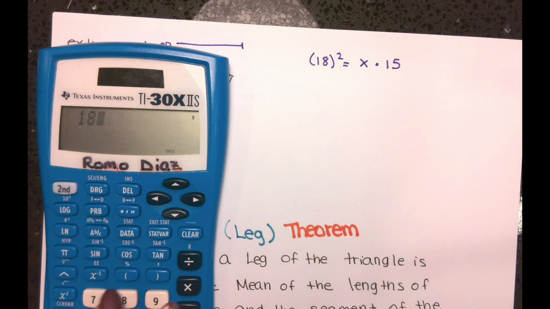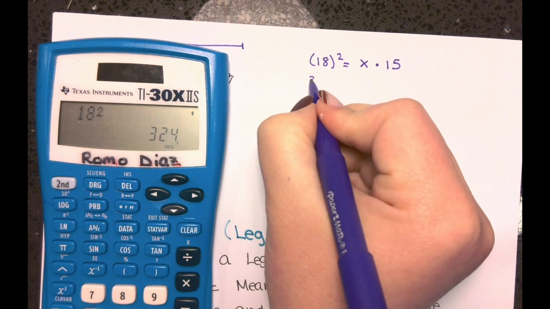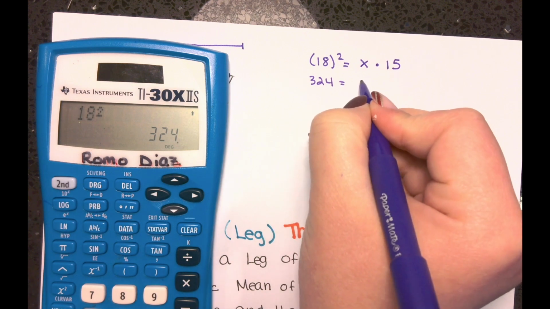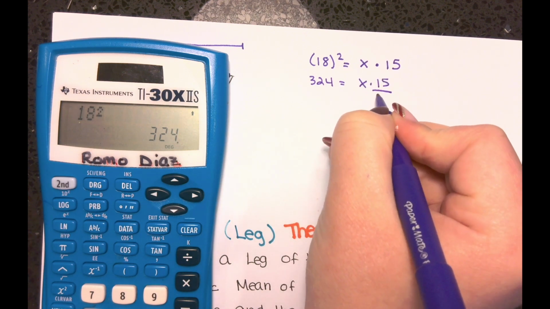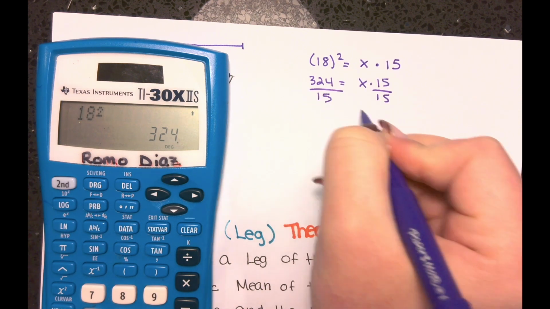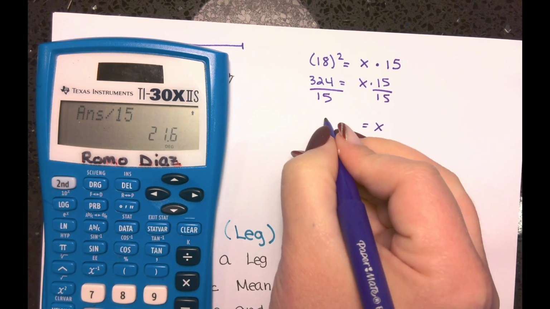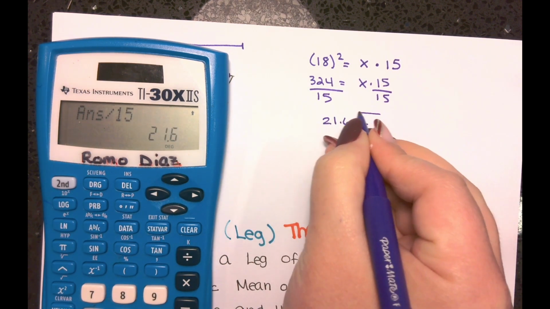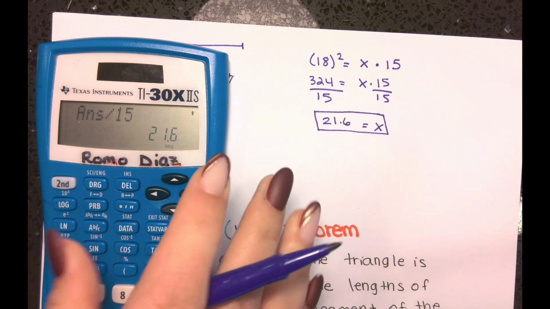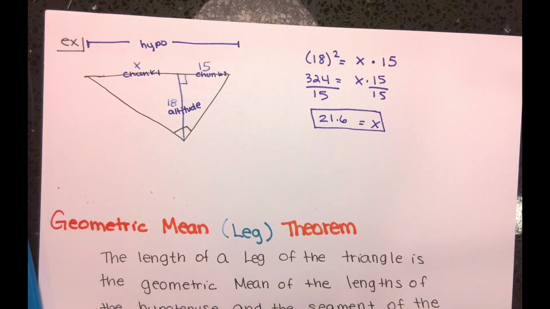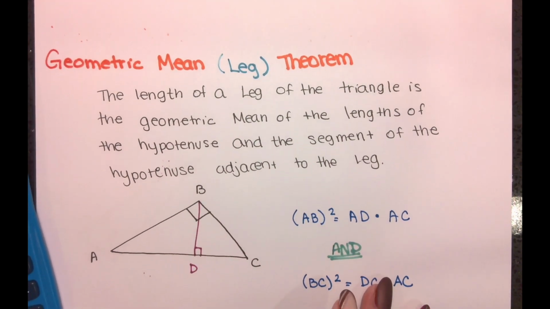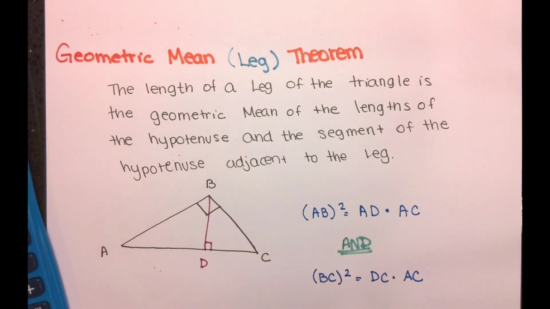So we have 18 squared divided by 15. That's 21.6. Again, please read the instructions. If they're asking you to leave your answer in a decimal, which this one is, then we keep it as a decimal.